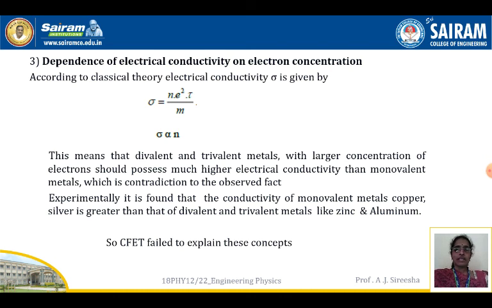As per the equation, sigma should be greater for greater values of n. Zinc and aluminium have greater n, but the conductivity of copper is greater than that of zinc and aluminium. So this theory could not explain. So this was a failure. CFET failed to explain these concepts. Thank you.